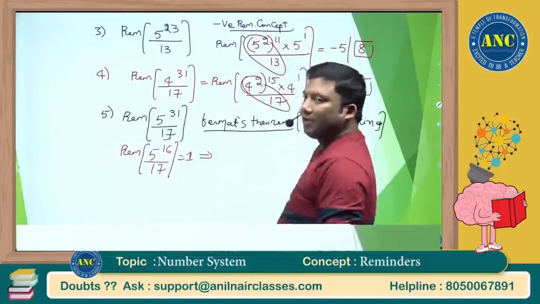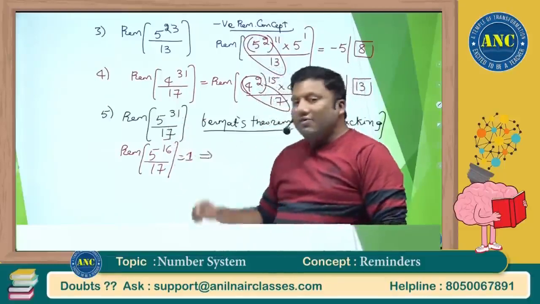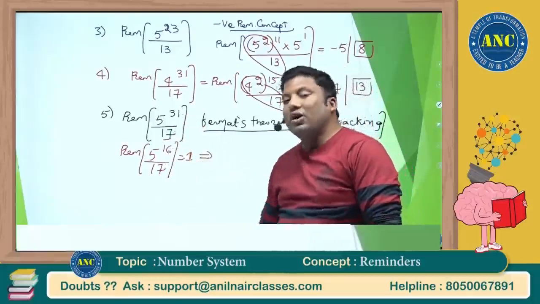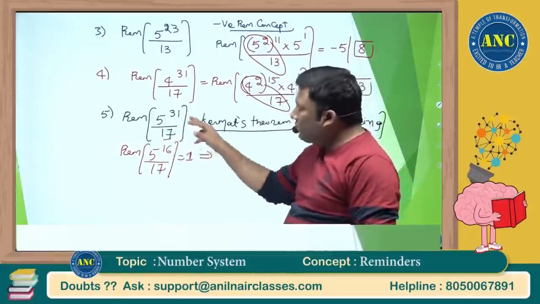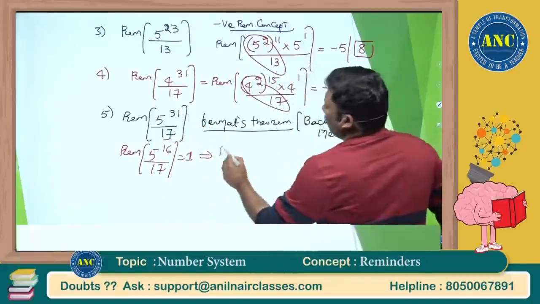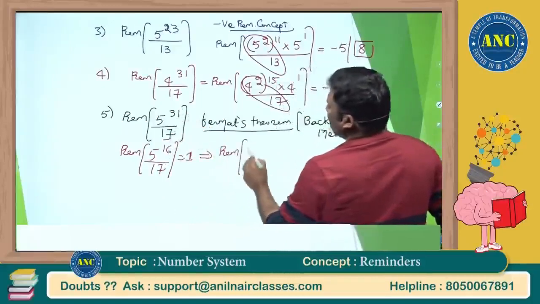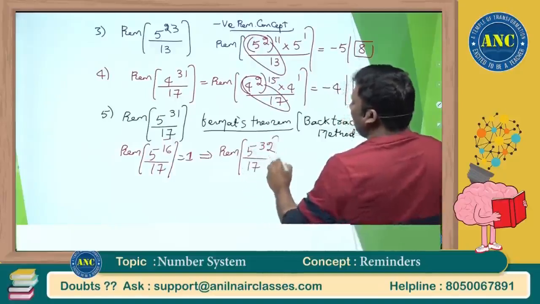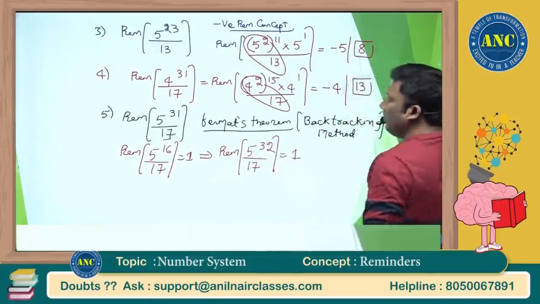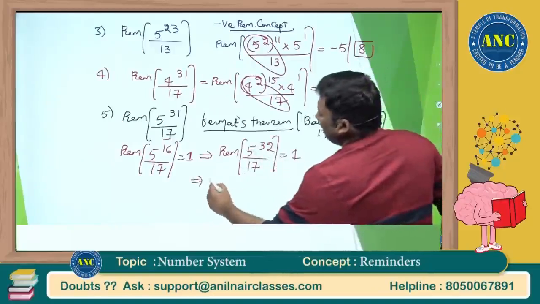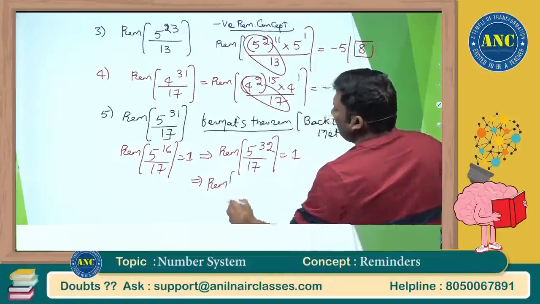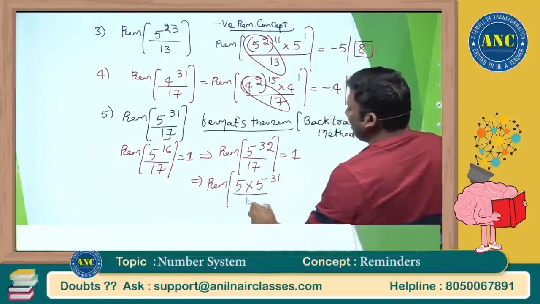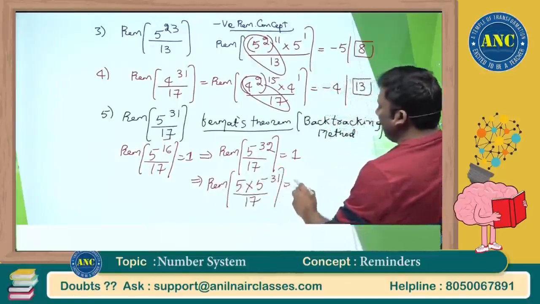But according to the question, we require 31. We got 16. What is the multiple of 16 near 31? 16 twos are 32. So 5 power 32 divided by 17 is nothing but 1. 5 power 32 can be written as 5 into 5 power 31 divided by 17, which is equivalent to 1.